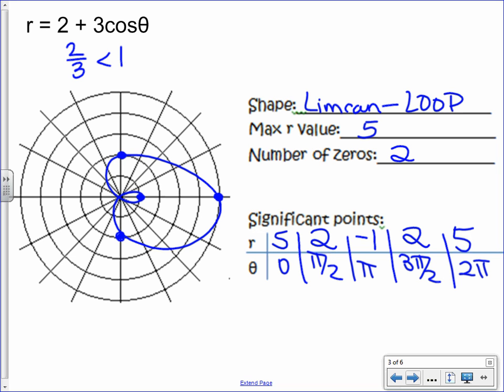Get as close as you can to the shape. Okay? I know you all are not artists, so give it your best shot, but I understand if it's not the most beautiful picture in the world, but I should be able to identify it as a limacon, okay? Questions on this one? All right.